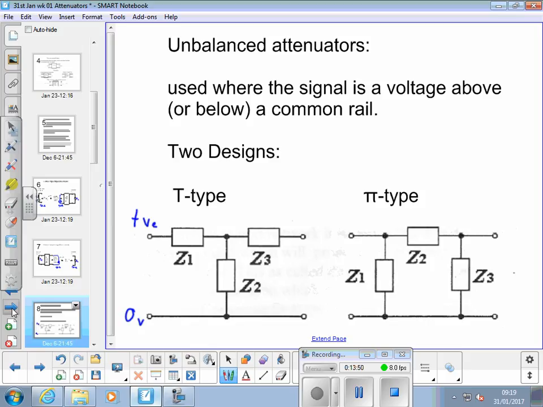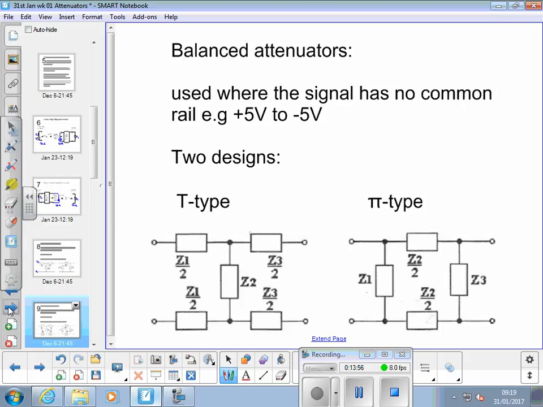Unbalanced attenuators. In these designs, there is also balanced attenuators. Of what we would expect to be 0.